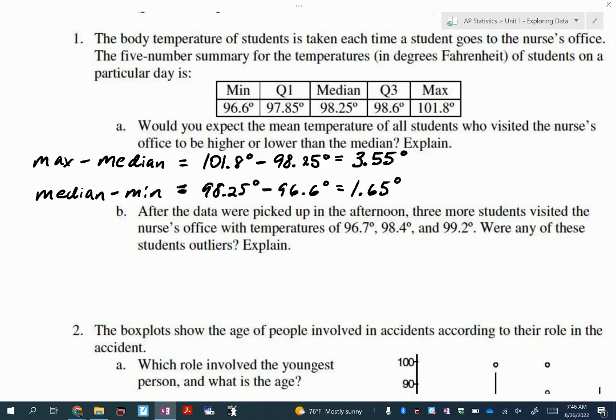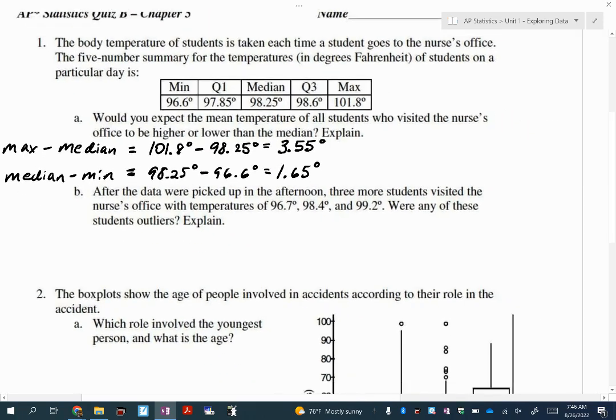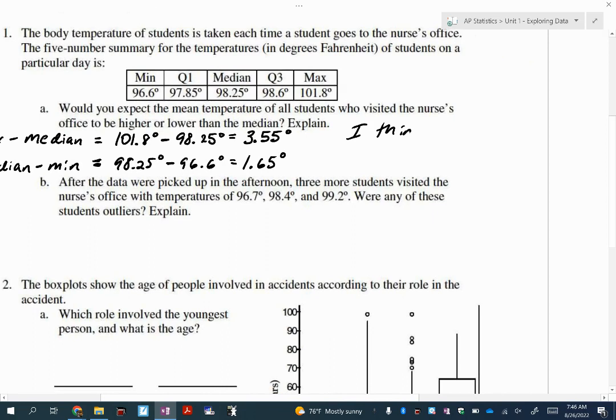Again, I haven't calculated what we call our fences yet to determine specifically if I have any outliers in this data. But I'm curious to see if the min or the max could be an outlier, and the fact that the maximum is 3.5 degrees higher compared to the median, as opposed to the minimum only being a little over 1.5 degrees farther away, I think the max will pull the mean towards it.